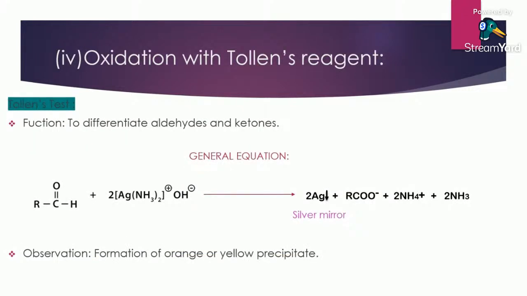Next, we go to the oxidation with Tollens reagent. Tollens reagent oxidizes aldehydes into the corresponding carboxylic acids. Ketones are not oxidized by Tollens reagent, so the treatment of a ketone with Tollens reagent in a glass test tube does not result in a silver mirror.